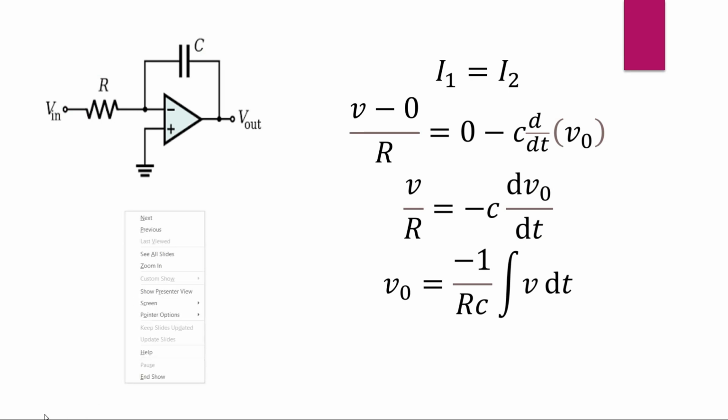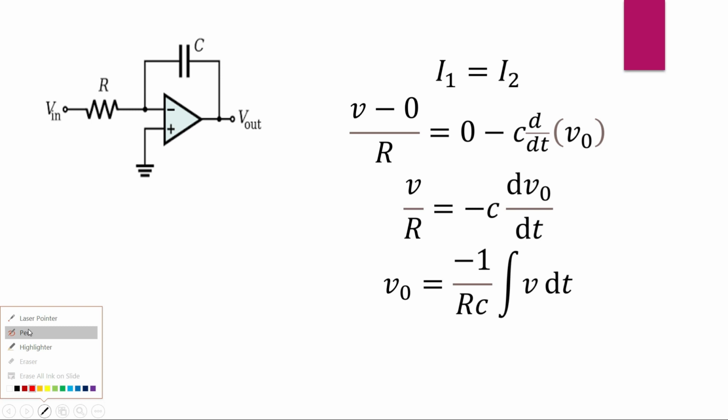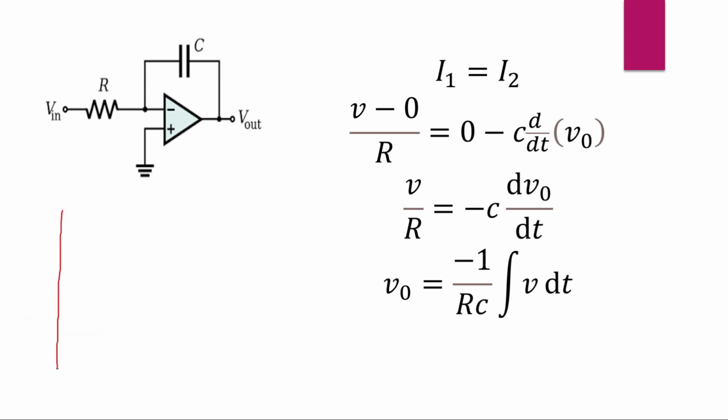Okay, you can see here the low pass filter response: this is the frequency axis and this is the gain axis. First, it will allow all the low frequency signals up to a certain frequency according to the cutoff frequency. Then it will reject all the remaining signals.